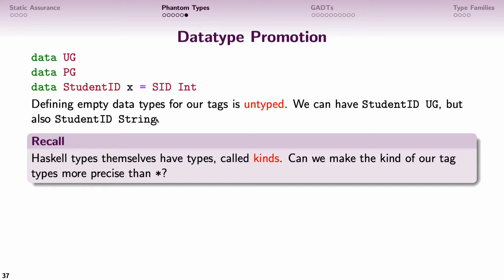So there's this feature in Haskell called data kinds, which allows us to do this. It's a language extension, which means that you have to put in an extra line at the top of your file, which describes what you're doing. The two language extensions that we'll need are called data kinds and kind signatures.